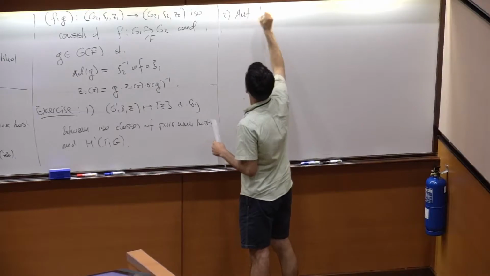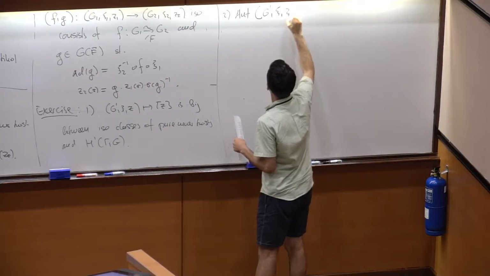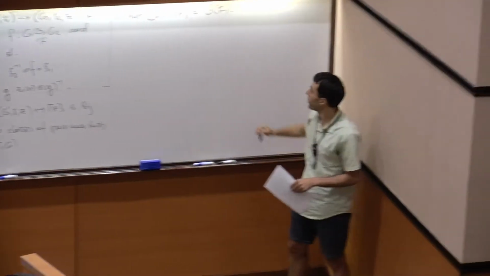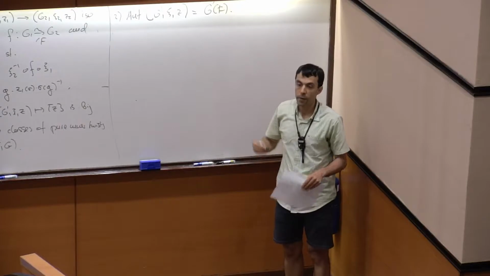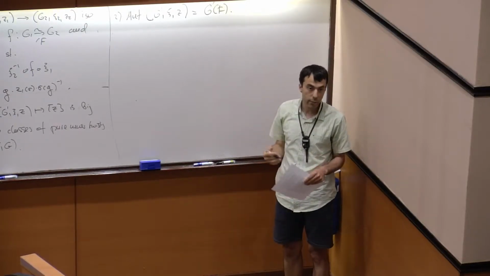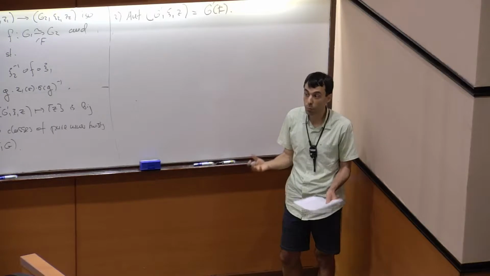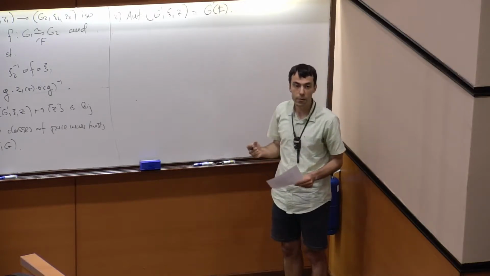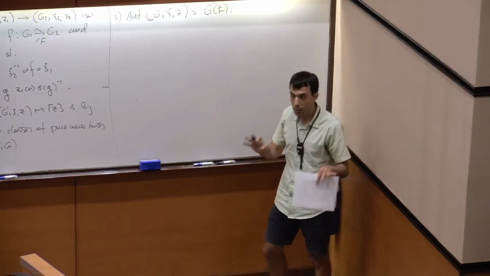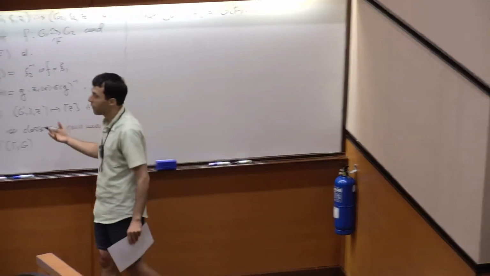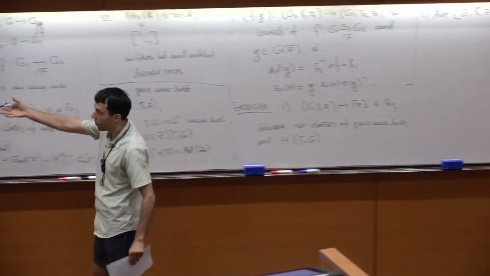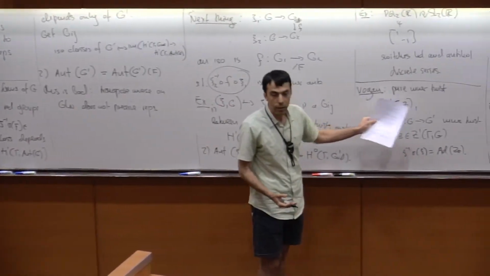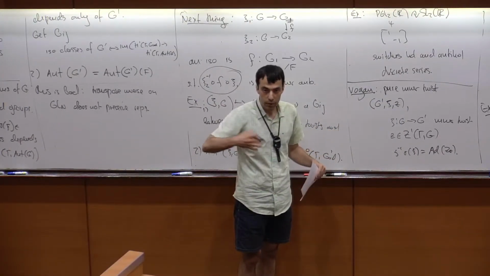So the automorphisms of a pure inner twist are now the F points of G prime. And indeed, conjugation by an F point in G prime is obviously an inner automorphism for the topological group G prime of F, so it's going to preserve conjugacy classes and representations. So finally, we've arrived at a point where we have a good notion of an isomorphism of inner forms, and in order to get it, we had to endow the inner form with some additional data and require the isomorphism to preserve that additional data.